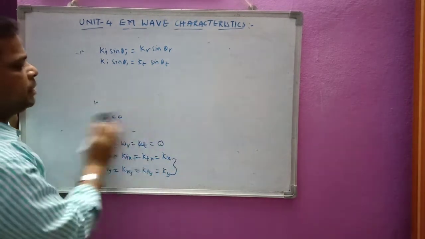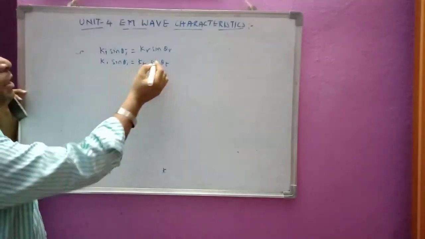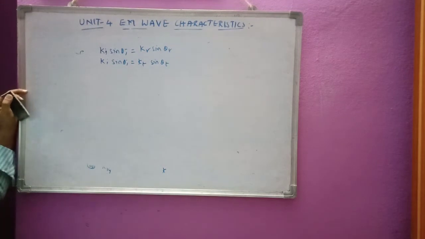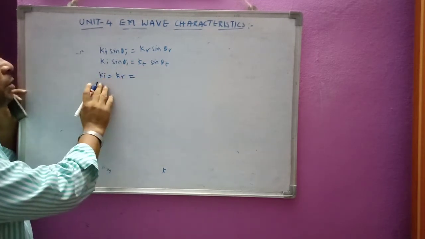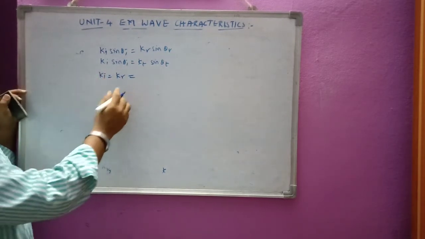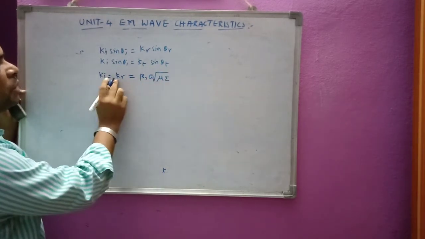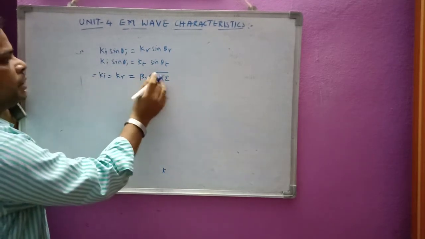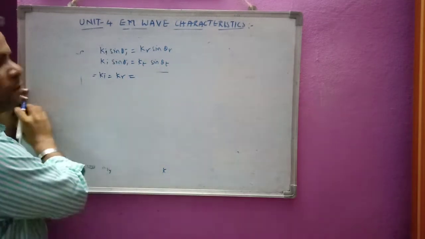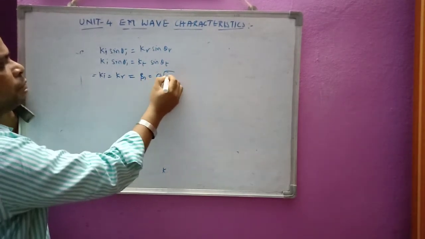Now I can write ki, kr and kt here like this. We know theta i, theta r and theta t are the angle of incidence, angle of reflection and angle of transmission. Now ki is equal to kr, that is the propagation vectors, equal to beta i, that is beta 1, equivalent to omega square root of mu 1 epsilon 1.